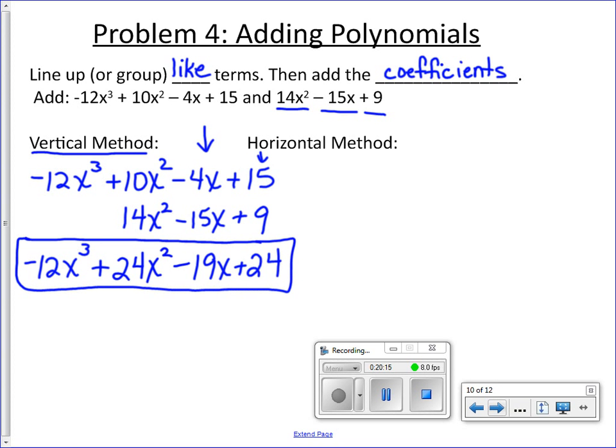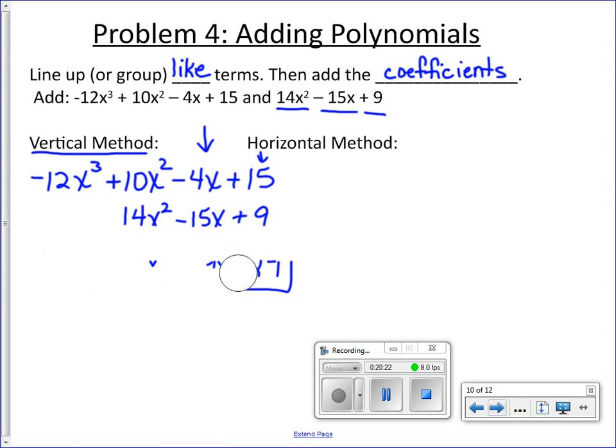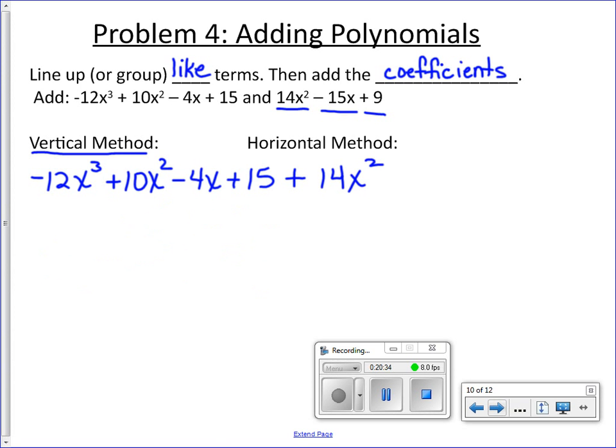All right, now let's do the horizontal method. I want to use the whole screen, so I'm going to erase this. And in this one, I'm just going to go ahead and add on the second one, plus 14x squared minus 15x plus 9.